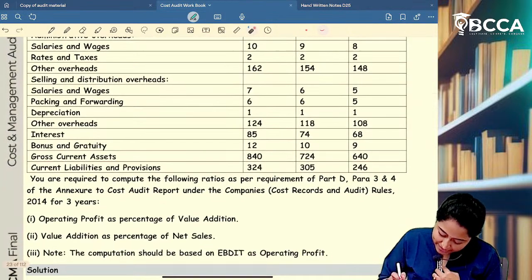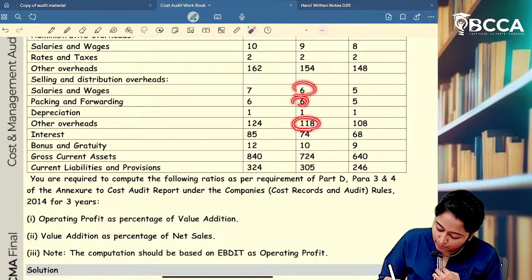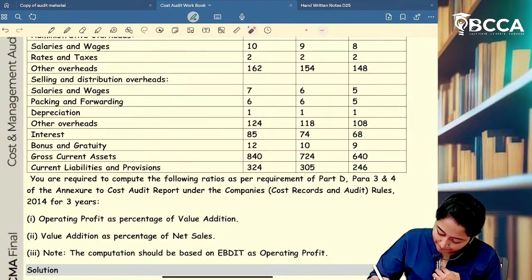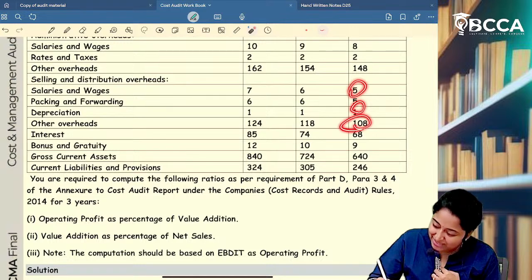Next, selling and distribution overheads. 7, 6, and 124. 137. Then 6, 6 and 118. 130, 5 and 108. 5, 6 and 108. 5 plus 1 is 6, 6 and 108.